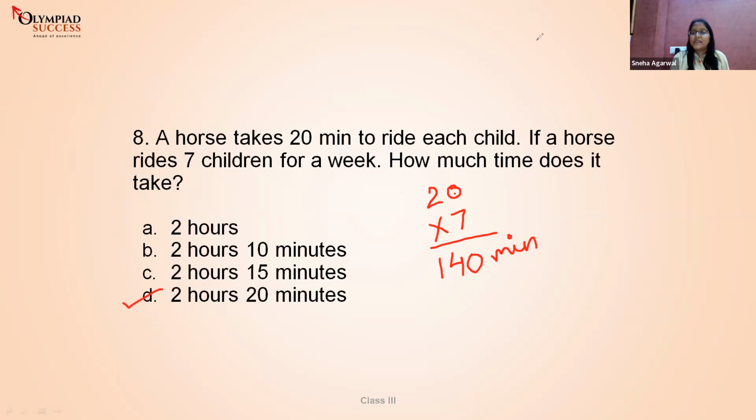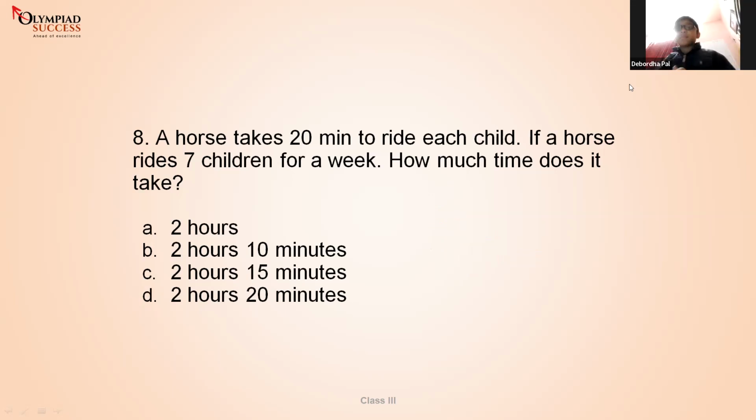Okay. Does anyone have any doubt in this one? No? Deborda, is that clear, beta? Yes, ma'am. Okay, Pratham, Nisha, clear? Okay, Satatya, is that clear?